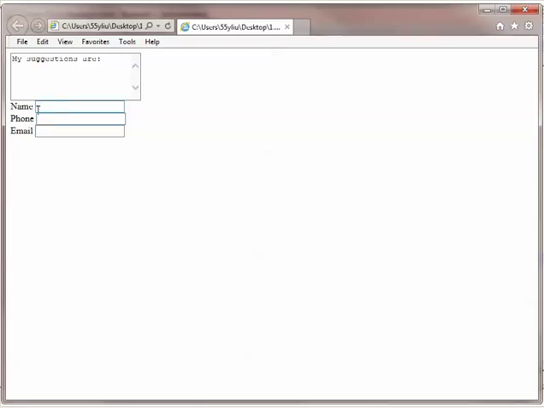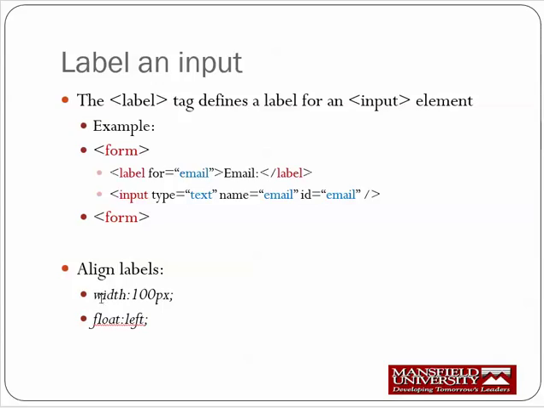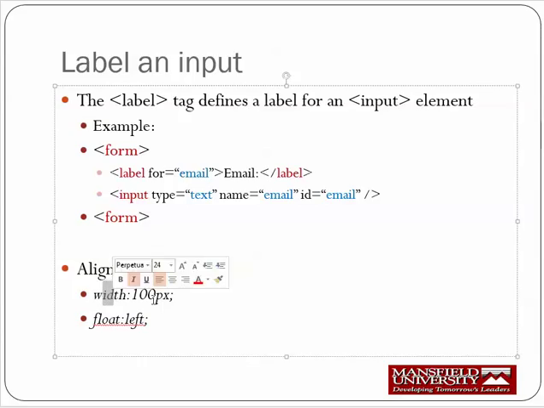As you can see here, the box didn't align very well because we have different lengths of the label. So if you want to align the labels, we can control the width of the label, then we float left. So how does that work? Okay, let's see this example.